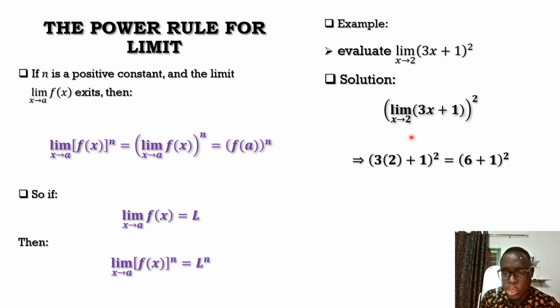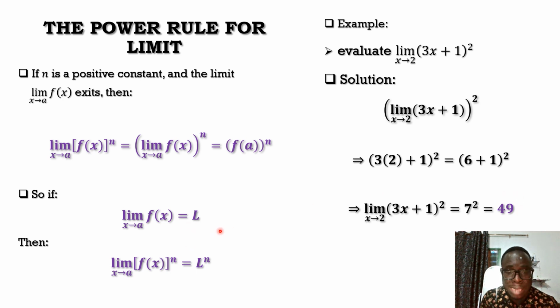We substitute the 2 as our x. When you do that, we get 3 times 2 plus 1. And 3 times 2 will give us 6 plus 1, which is equal to 7. Then the power will be on the 7. So 7 to the power 2 will give us 49.